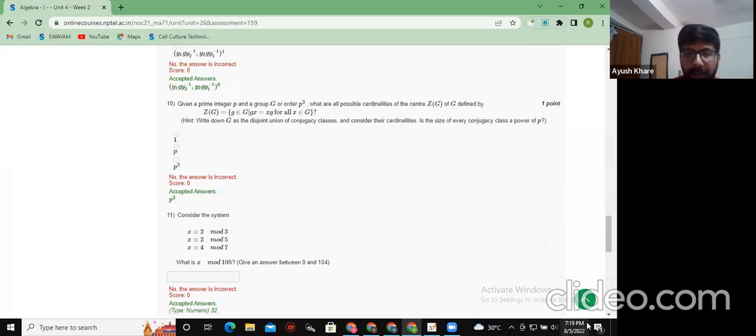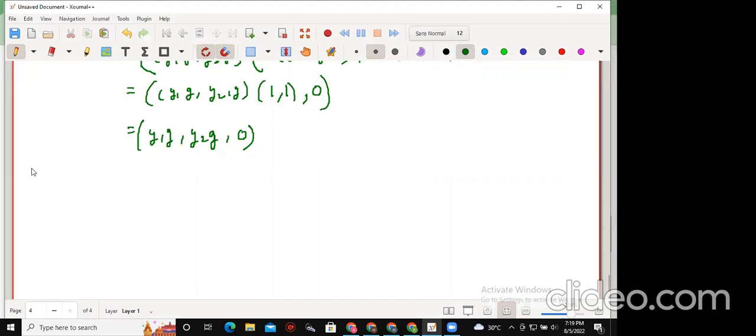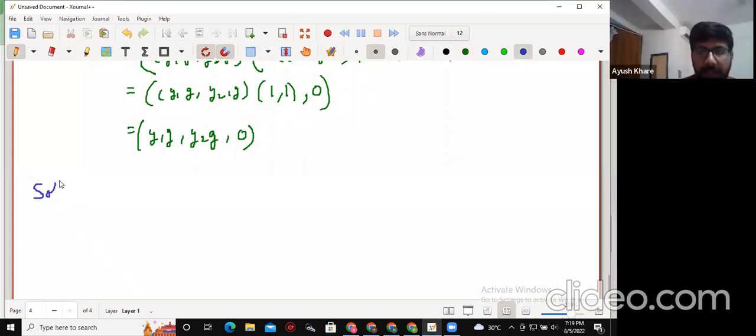So this 10th question is: what can be the order of the center if the order of G is p square? Even without looking at the options, you can easily guess what should be the order. See, first of all, the order is p square.